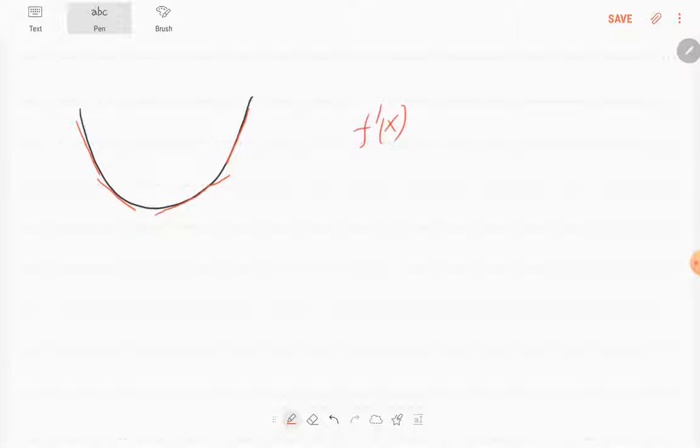So this is the concave up. We notice that the slope of the tangent line is increasing, right? It's from negative to 0 to positive, from the left to the right. So the first derivative, the slope, is increasing.